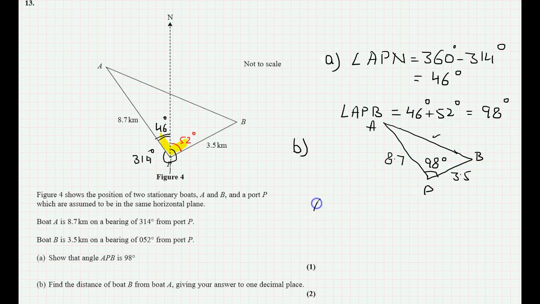So we can write AB squared is equal to the squares of the remaining sides, 8.7 squared plus 3.5 squared, minus 2 times 8.7 times 3.5 times cos 98.